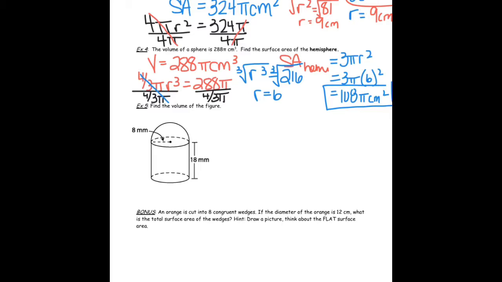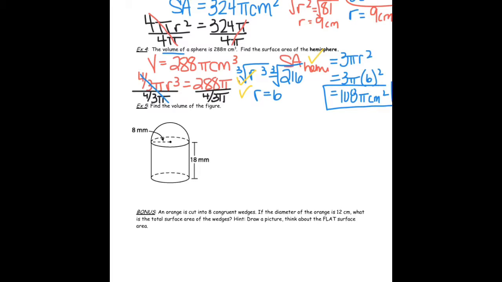All right, so let's talk about what we did. We were given the volume. The first thing I had to do was find the radius. I had to solve for the radius right here. Find the radius, and then use that to find the surface area of the hemisphere.